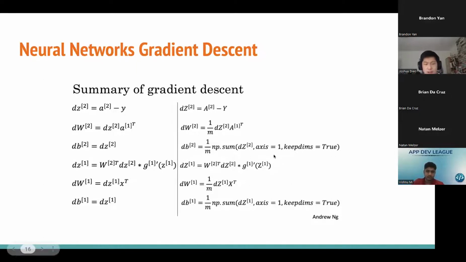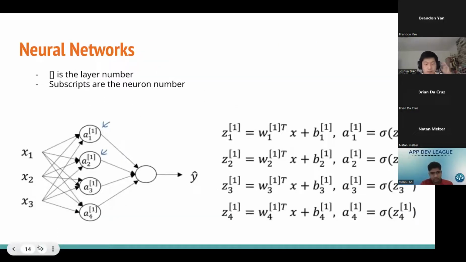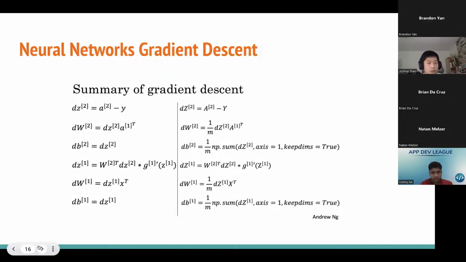So yeah, I think I discussed all these variables. G might be a little bit different. I'm sorry, I didn't keep the variables consistent in this lecture, but G is basically our activation function, which we were using as sigmoid. Don't worry too much if you don't really understand this. This is not necessary for you to use gradient descent.